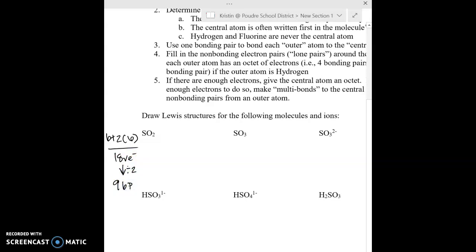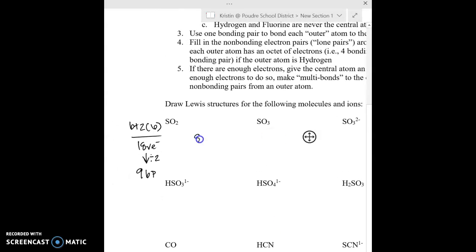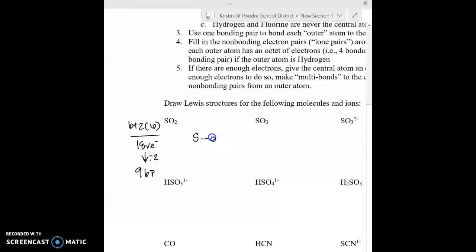Next thing I want to do is think about which one's going to be in the center. Sulfur is a row lower than oxygen on the periodic table, so it's less electronegative. So sulfur is going to go in the center. It also is written first, so that's another clue that we can look at. Then I'm going to use a bonding pair to attach each outer atom.